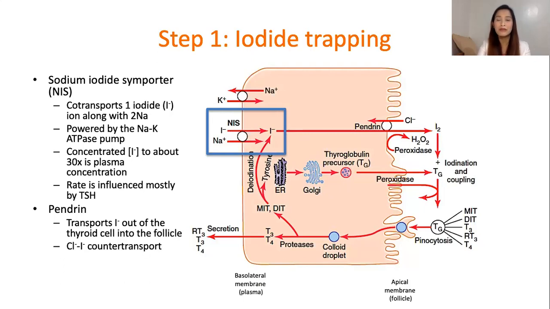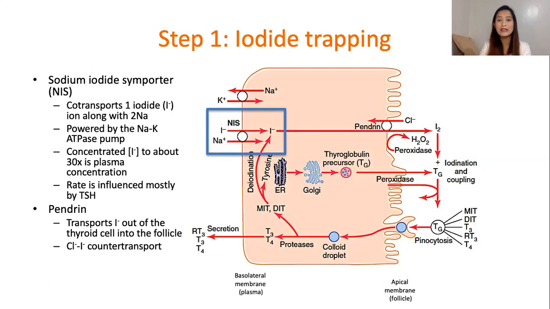Majority, if not almost all of the iodine that you ingest goes to your thyroid gland. It's concentrated there. Some other tissues in the body, like your salivary gland and your bladder, can have some small iodine uptake, but the majority goes to the thyroid gland.